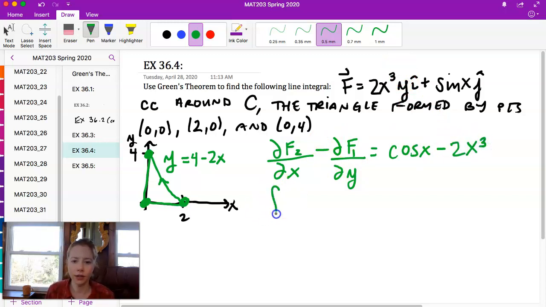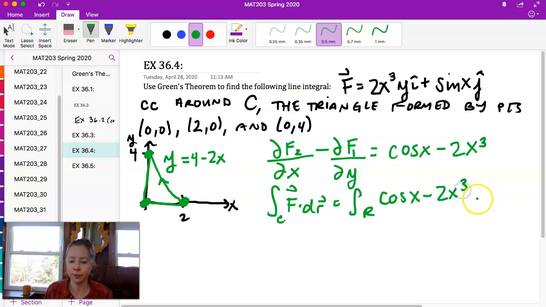And so our line integral, f dot dr over C, is going to equal the integral over the region of cosine x minus 2x cubed dx dy.